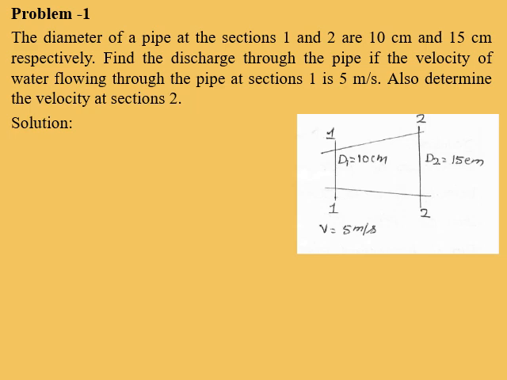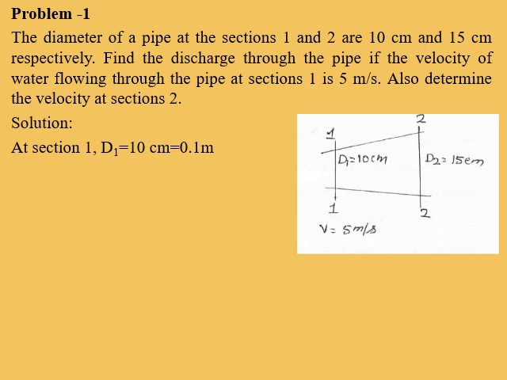Here we want to calculate the velocity at section 2-2. By using the diameters of section 1-1 and section 2-2, we can find the area of the pipe at 1-1 as well as 2-2. So initially, by using these diameters, find the areas at these two sections.